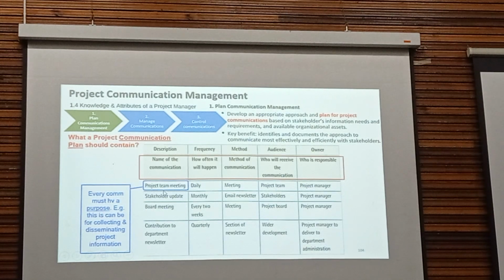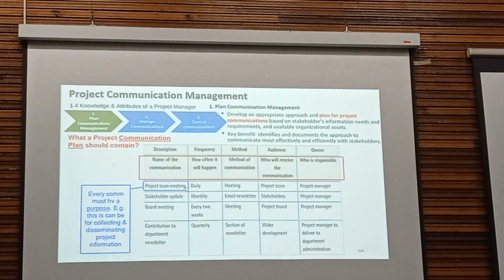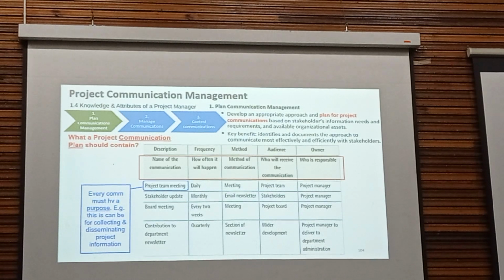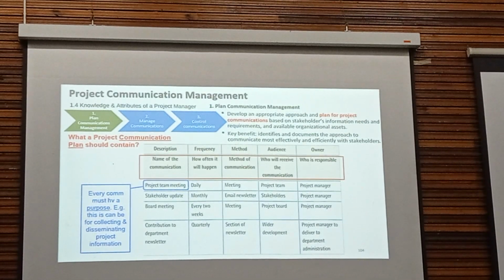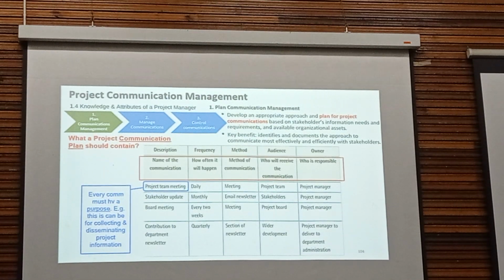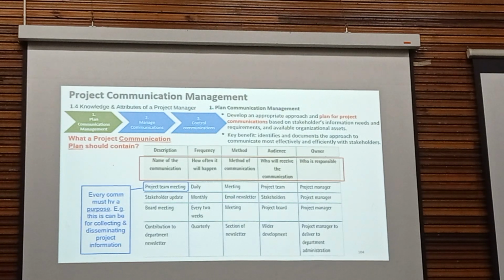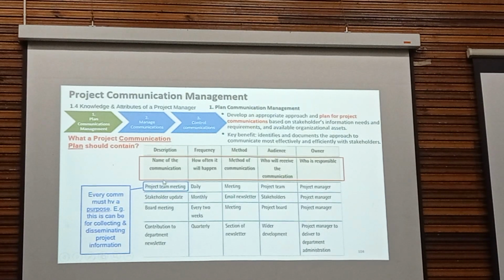The project team meeting is daily. The purpose is that the project manager may want to collect project information from team members, to find out progress and also if there is any problem faced by the team members. The project manager may want to know the progress on a daily basis, as well as pass project information to team members.